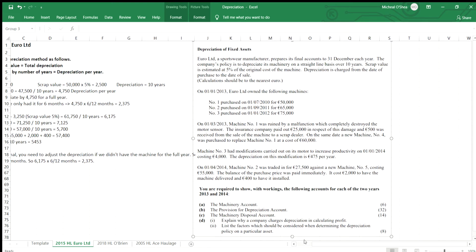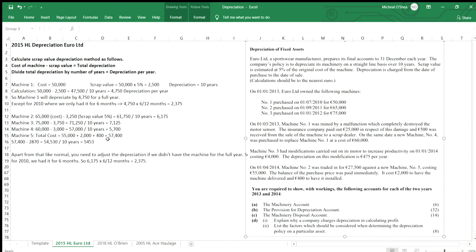It's 55 grand as its initial cost, plus the 2,000 for delivery, which we can see here, plus the 400 to have it installed. So for machine 5, 55 grand plus 2 grand plus 400 is 57,400. That's its total cost. Again, as normal, like we've done up here, if the total cost is 57,400, I get the scrap value, which is 5%, 2,870.